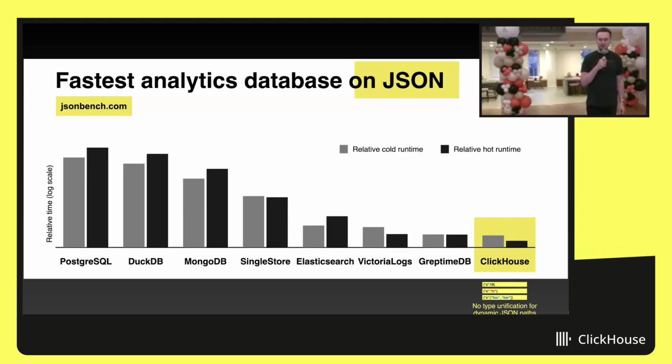But we don't do unification, we just store everything as it was, so you can reconstruct the original JSON data. ClickHouse is not only the fastest, but also the most precise storage for this data. Every other system loses some information while storing this data.